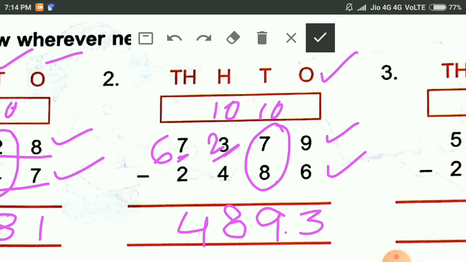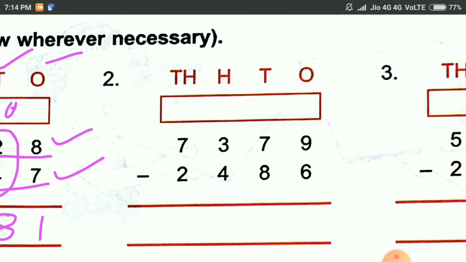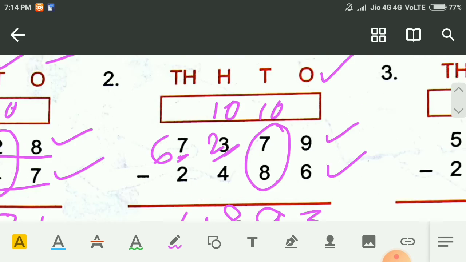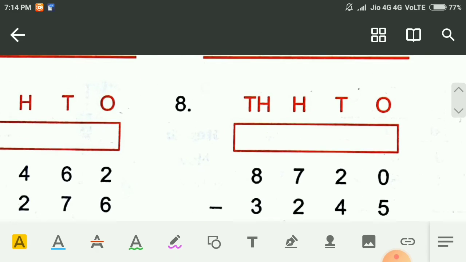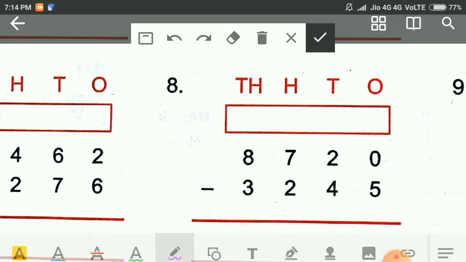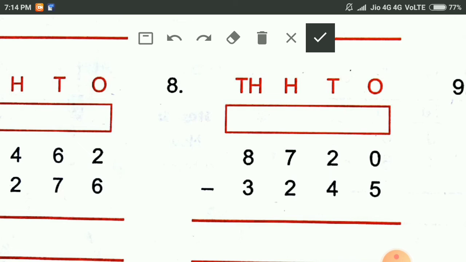Now question number 3. You have to subtract 5 from 0. It's not possible, so you will borrow from here. 10 minus 5, it becomes 5.